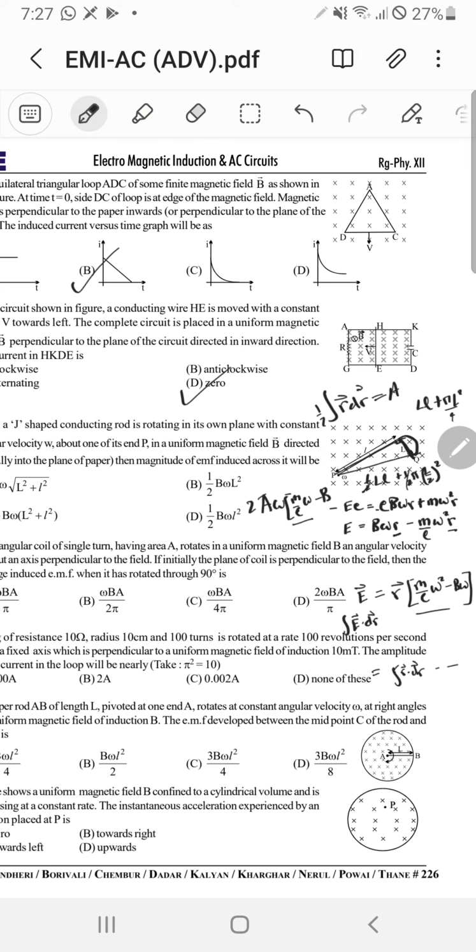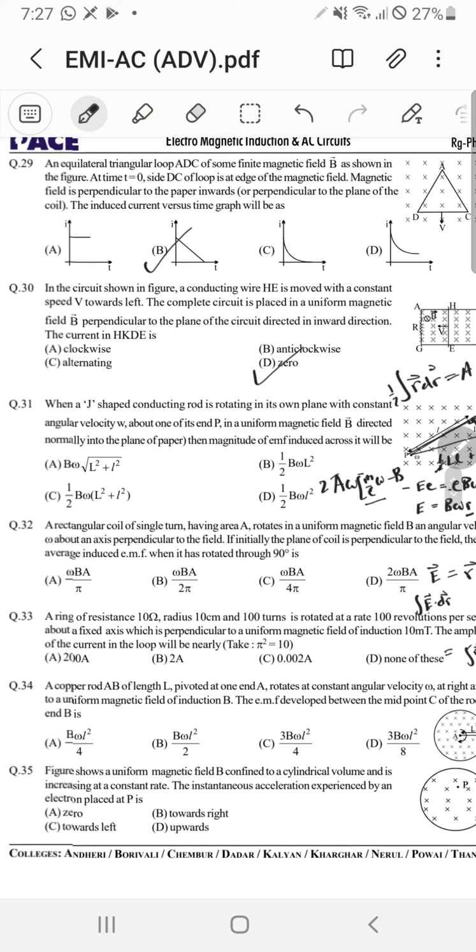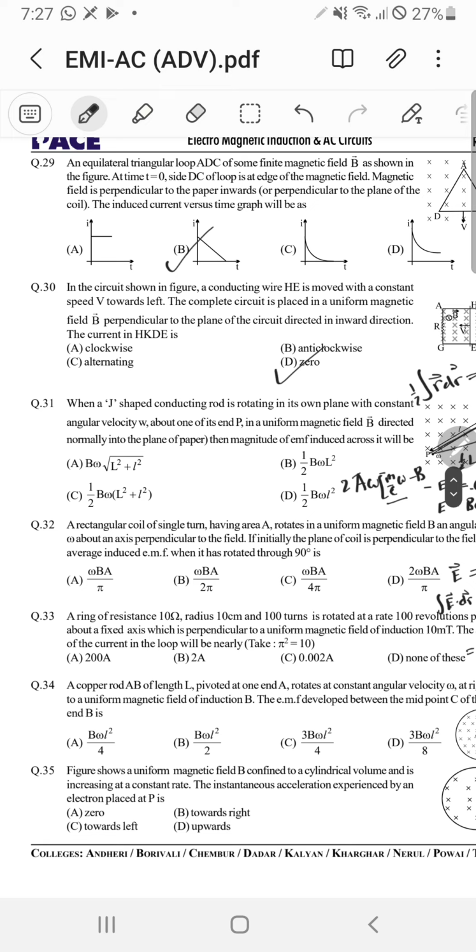No, this is just not right. Application of EMF. Oh god. EMF induced, that should be this thing. Or not. What's the problem with this thing?